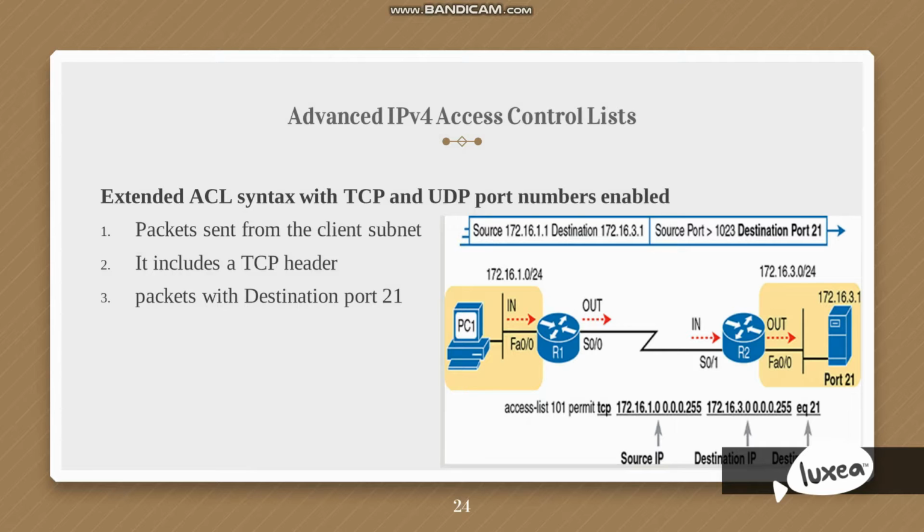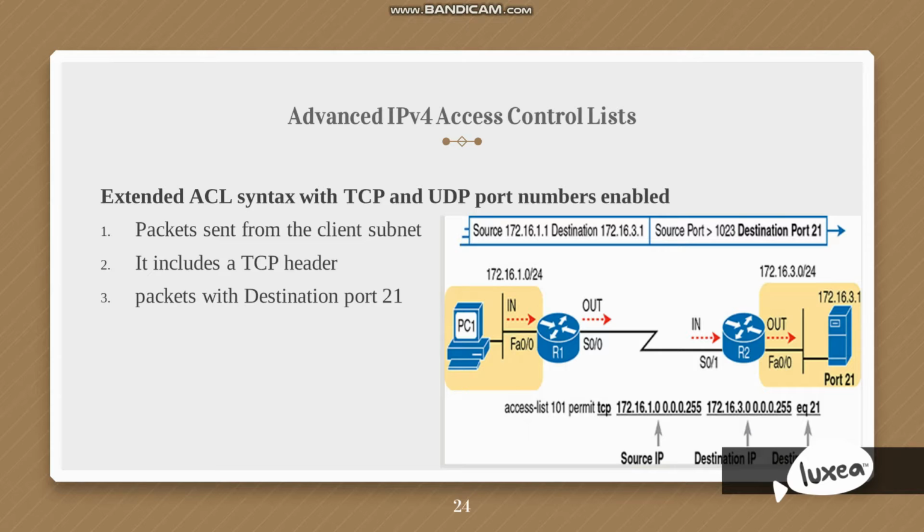This packet is sent from the client subnet, and it includes a TCP header with destination port 21. Let's see the right side of the picture. What we see is eq 21. To fully match with the eq 21 parameter, consider that packets move from left to right like in the picture.